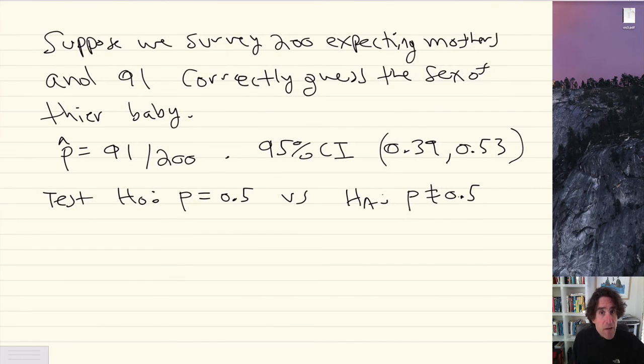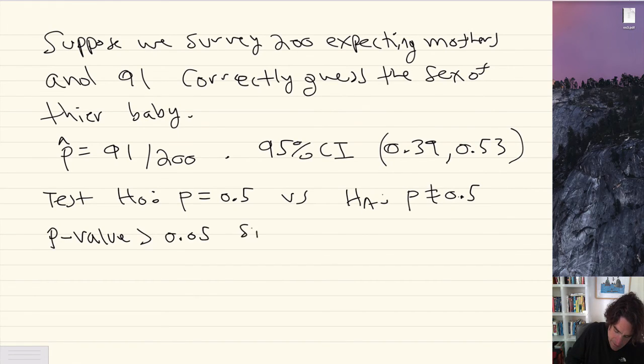It tells us that the p-value is greater than 0.05, since the null hypothesis value p equal to 0.5 is in the 95% confidence interval.